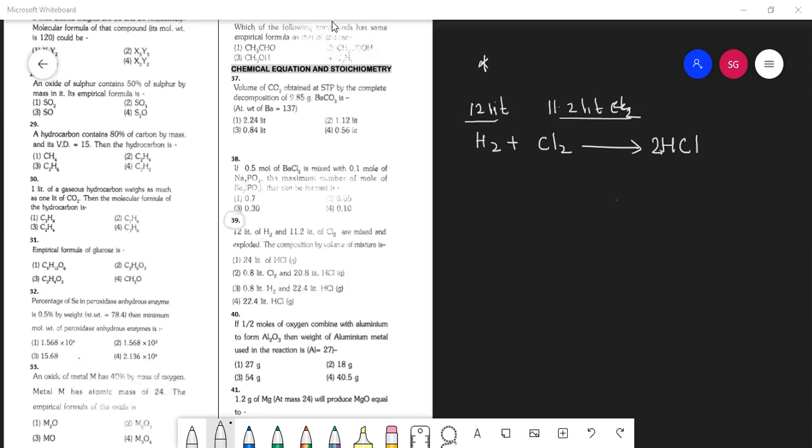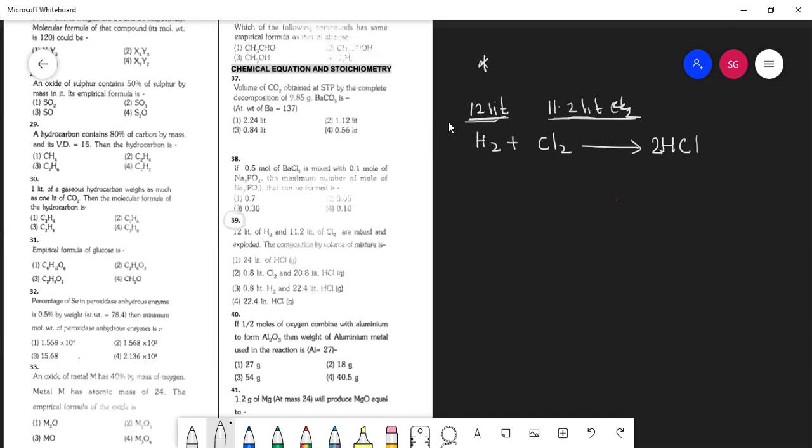Sumit has given the correct answer. Pranjal, while explaining this concept I gave your example that you are preparing a coffee. That was the concept of limiting reagent.